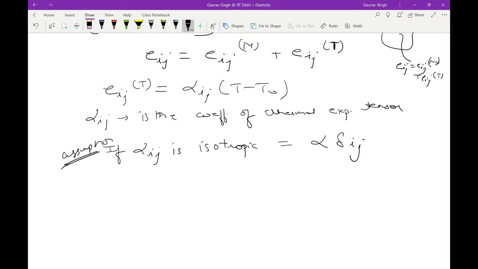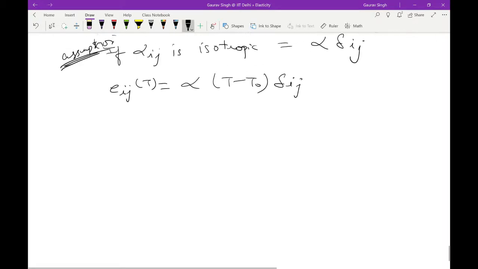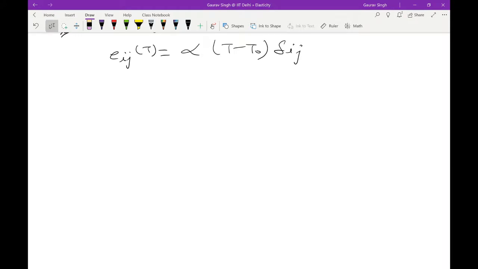Okay, because we are working with linear elastic isotropic materials, so why introduce anisotropy in thermal effects as well? So we should have a linear elastic isotropic solid, and the isotropy exists both in thermal and mechanical effects. So that's what we are doing. Of course, in the more general case, it will be anisotropic, but we want to constrain ourselves to a simple case. So we put it over here and then write alpha (T minus T naught), the final temperature minus the reference initial temperature, and this is the thermal effect.